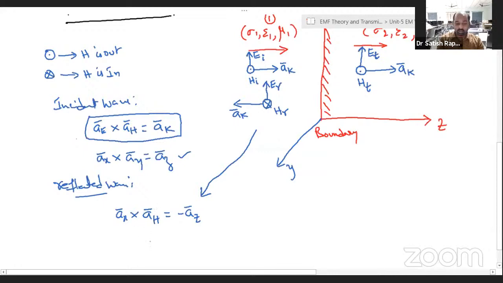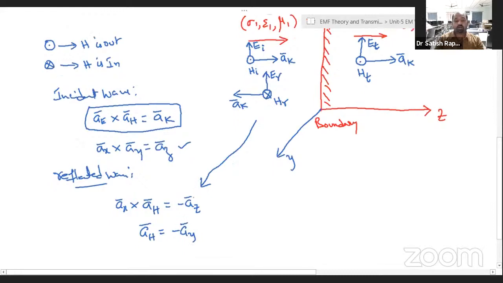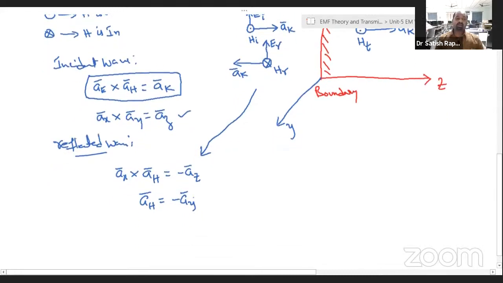Negative z. Then what is Ah bar? Ah bar is equal to minus Ay bar, right? So Ax bar cross minus Ay bar is equal to minus Az bar.